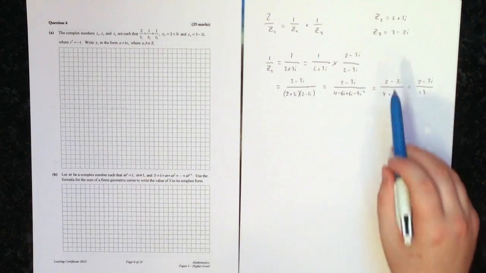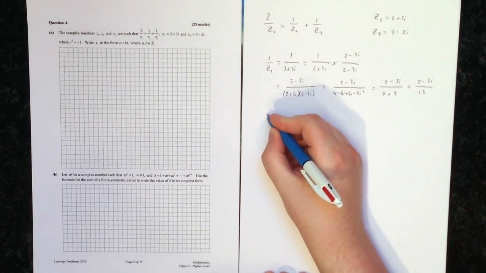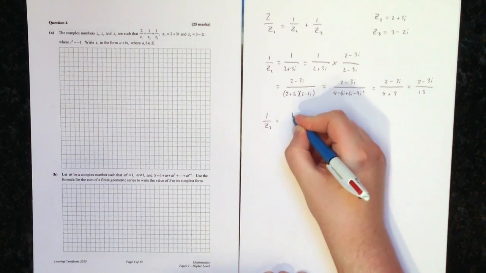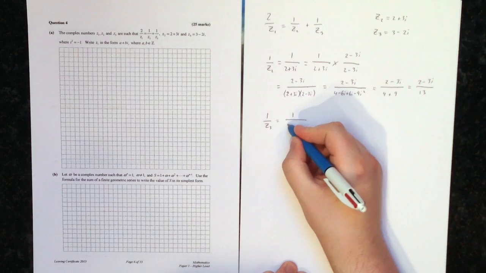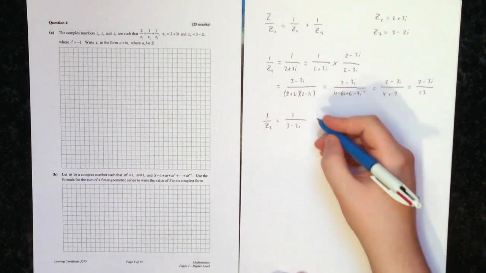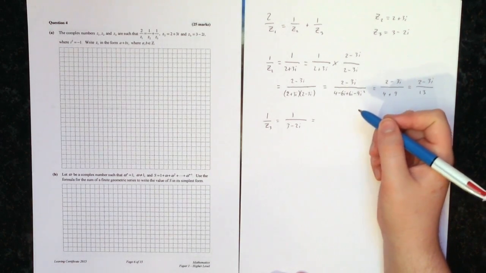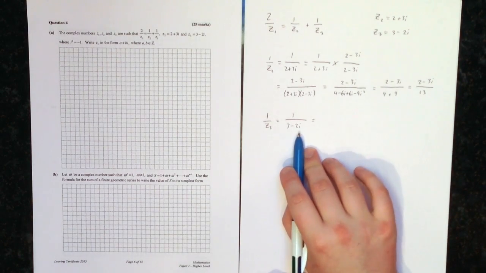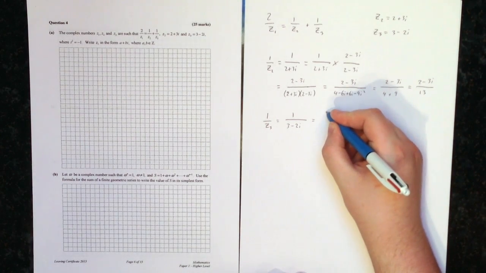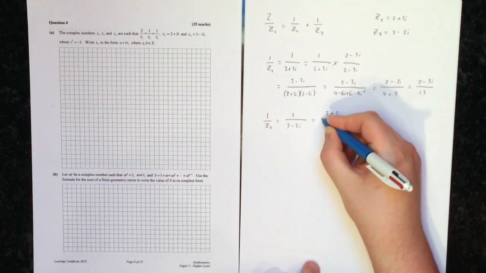So next we want to do essentially the same thing with z3. So we want to write that in a similar fashion. So we have 1 over z3 is equal to 1 over 3 minus 2i. Now we're going to multiply the top and bottom of that by the conjugate of the complex number, which will be 3 plus 2i. So on the top we'll have 1 multiplied by 3 plus 2i, which is 3 plus 2i.